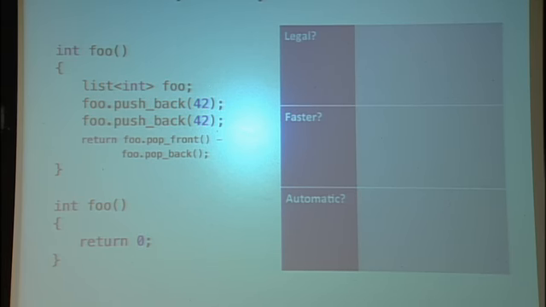Let me give everybody a chance to think. How many people vote, yes, this is legal? Roughly half the class. How many people say, no, this is not legal? 2 people. OK, so why would it not be legal?